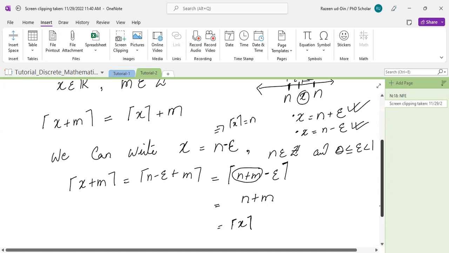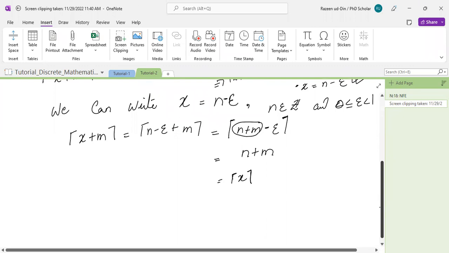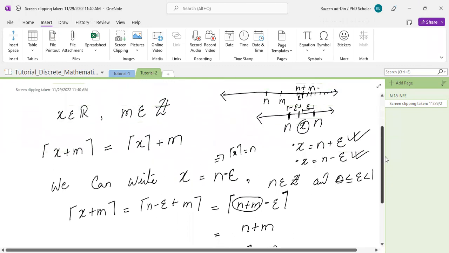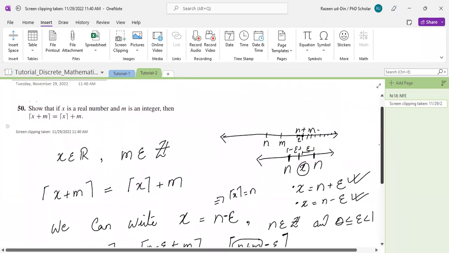Because we are subtracting something from an integer, and when we take its ceiling, it gives us this integer. Okay, and plus m, which proves our desired result, i.e. ceiling of x plus m equals ceiling of x plus the integer m.